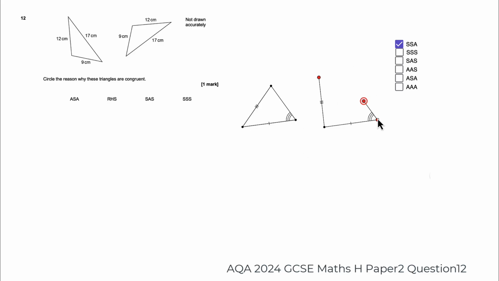And over here I've got a construction kit with exactly the same lengths. There's this length, this length, there it is there, and this angle. So I can't change the length of this, I can't change the length of this, and I can't change the size of this angle.